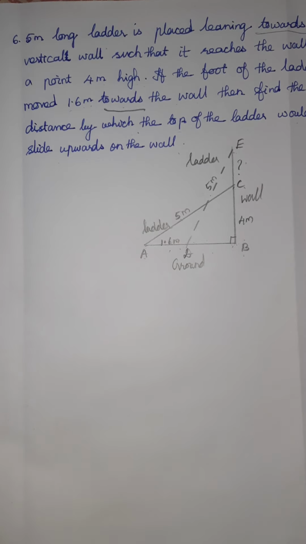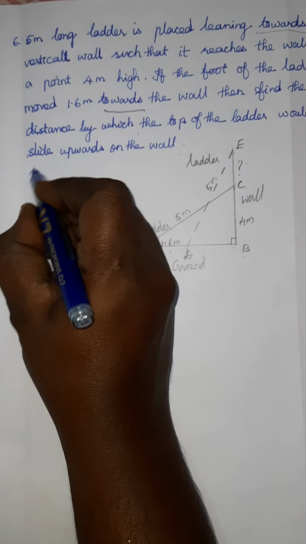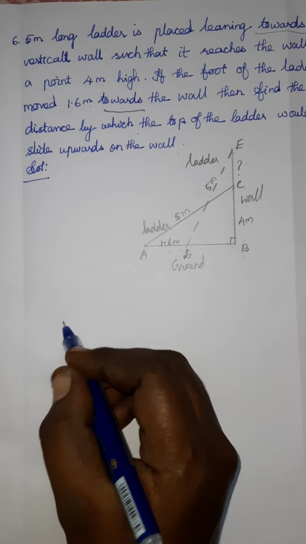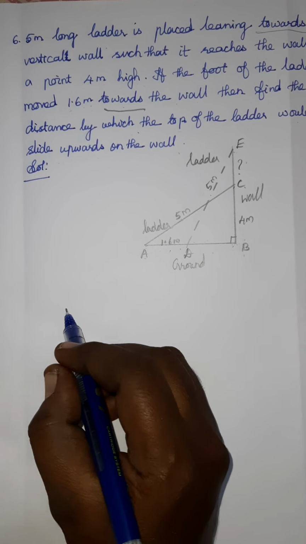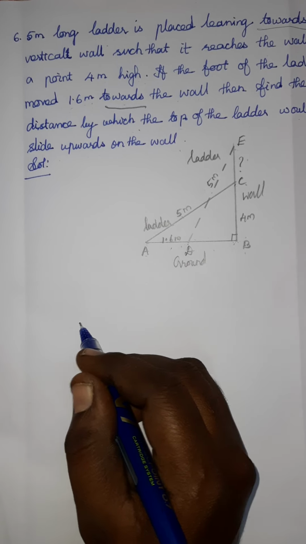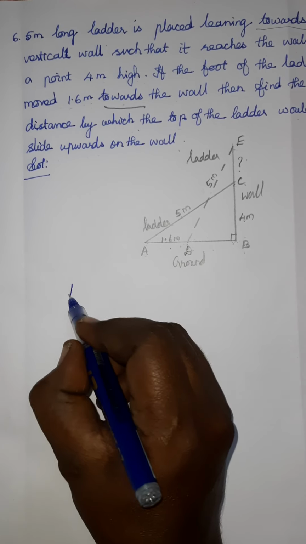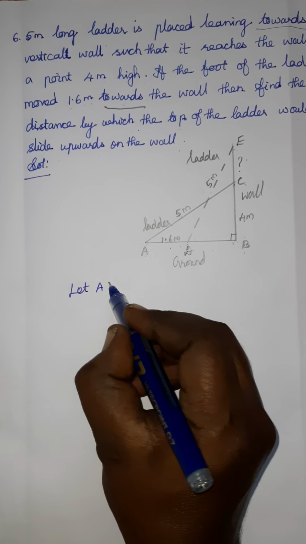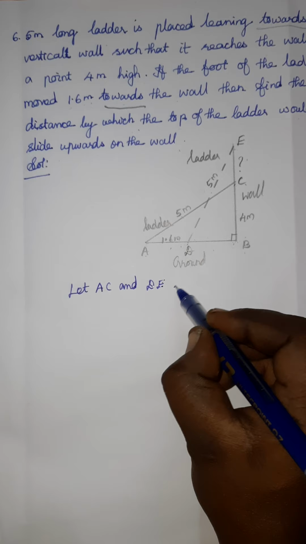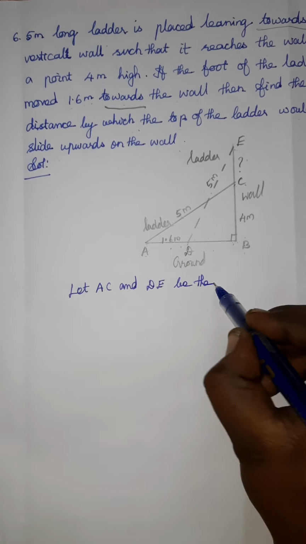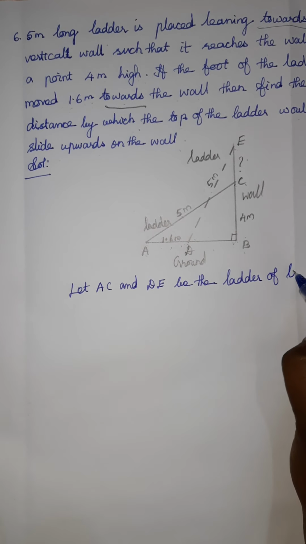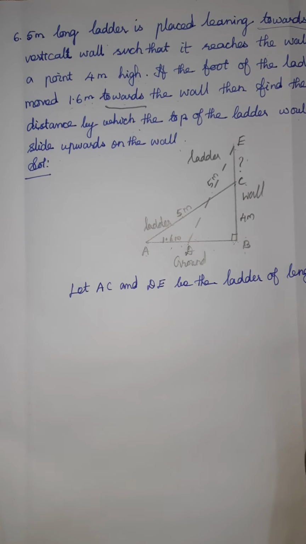Are all clear? So we can start the solution. This diagram is the solution part. Now first we can write the explanation about the diagram. Let AC and DE be the ladder of length 5 meter.